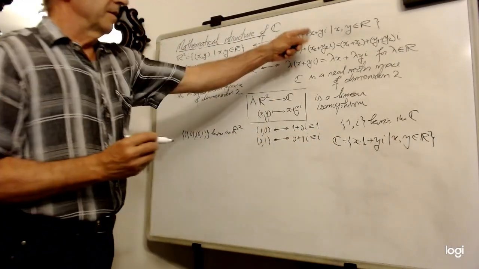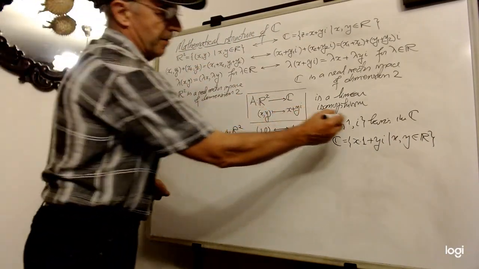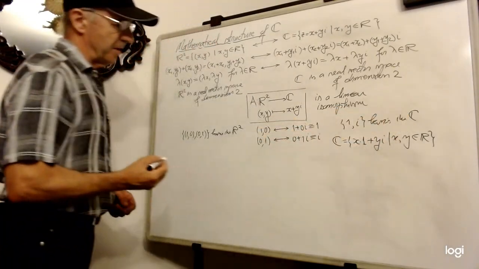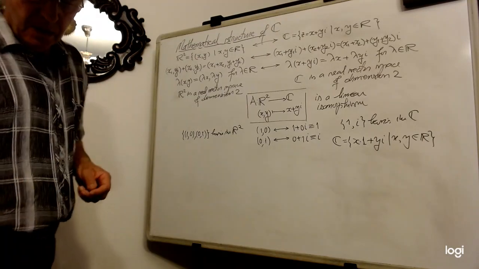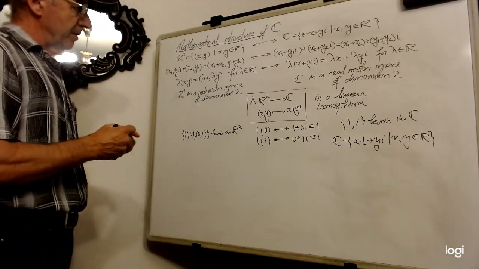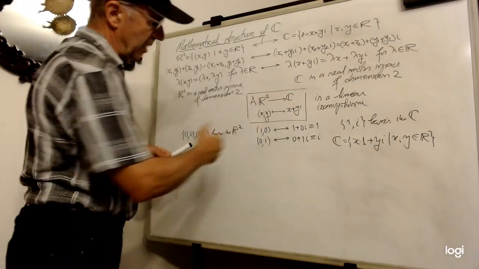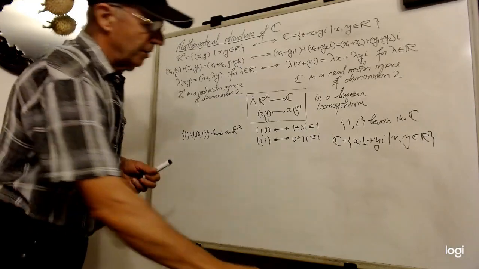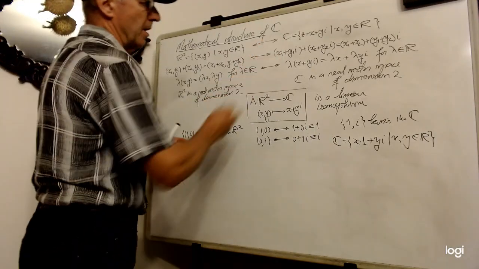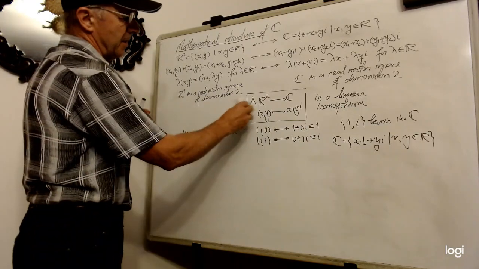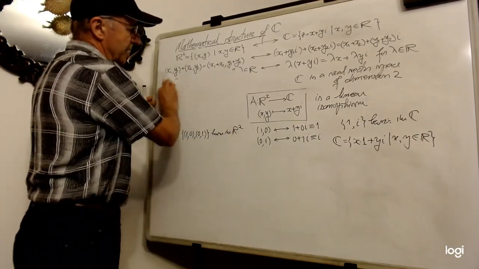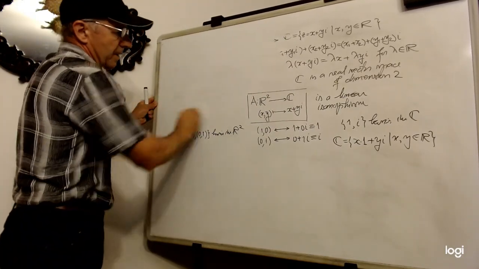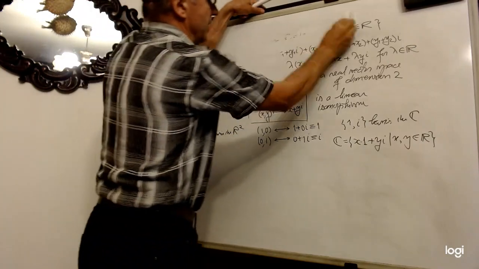So this is just the description in this canonical basis. This isomorphism allows us to identify the two vector spaces, and we use for the space of all the complex numbers the same geometric representation as for the two-dimensional real space R2.